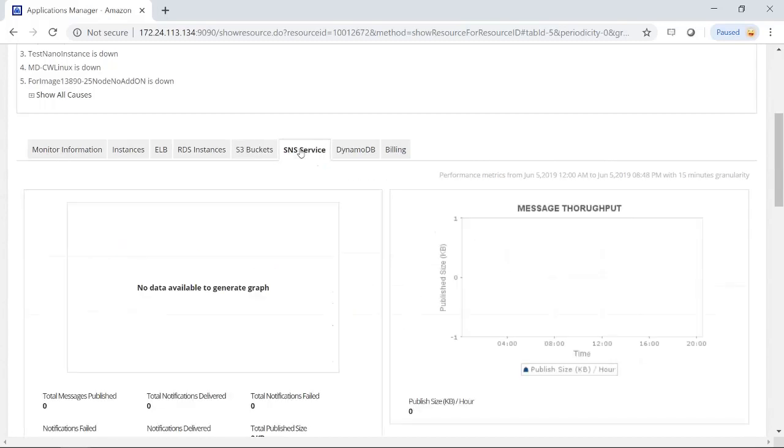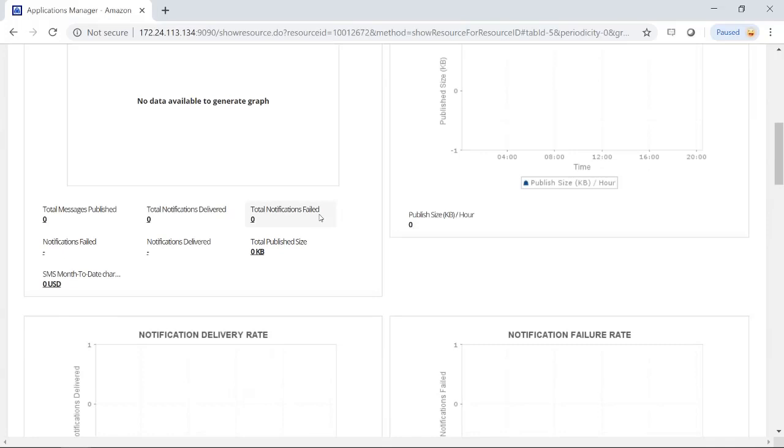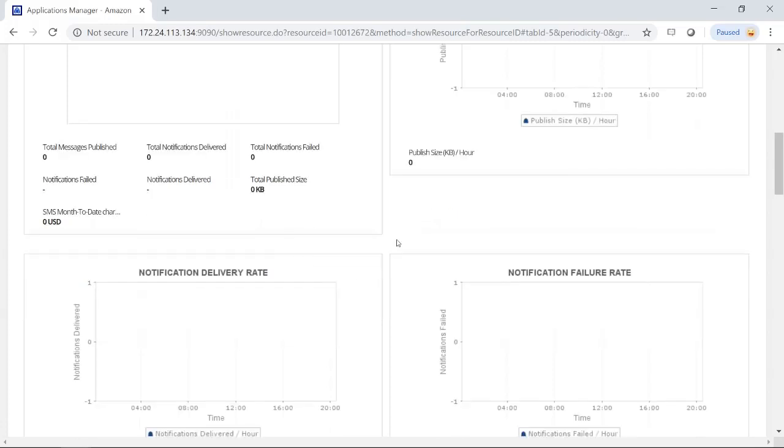Next is the SNS, which is the Simple Notification Service, which helps users keep track of the number of messages that are being published and the number of notifications that are delivered, as well as notifications that failed. So we have more granularity for the SNS, where we identify the delivery rate ratio as well as the failure rate for the messages that are to be published.